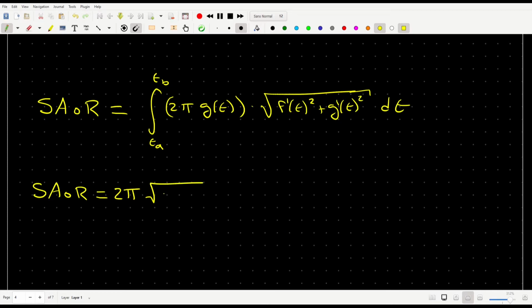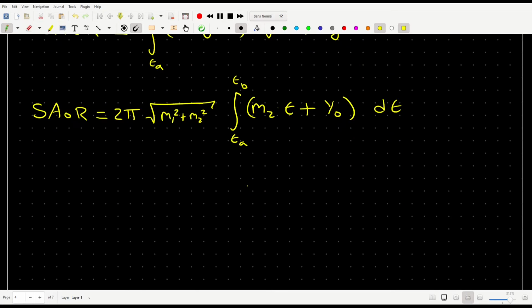It's just the square root of m1 squared plus m2 squared. And then the last thing that we have here is g of t, which is exactly m2 times t plus y naught.